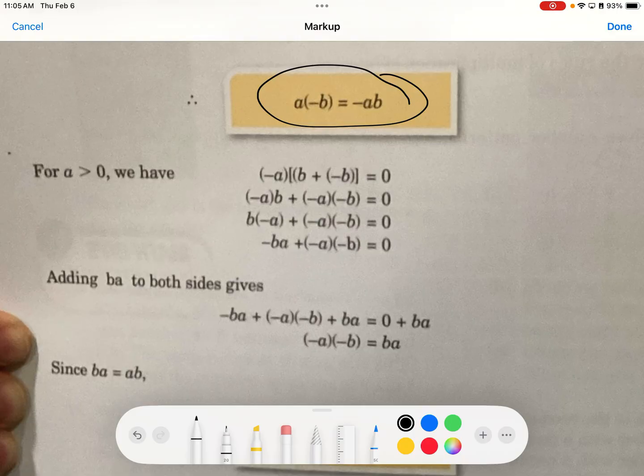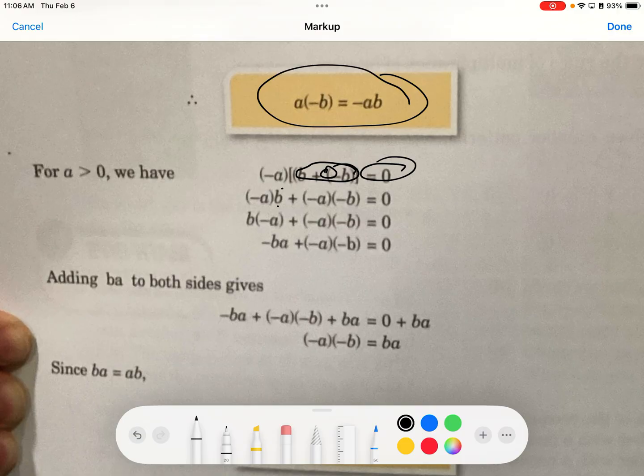For A being greater than 0, we can do negative A times B plus negative B, because this would be 0. So that would be negative A times 0 is 0.